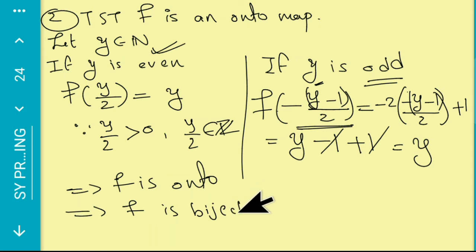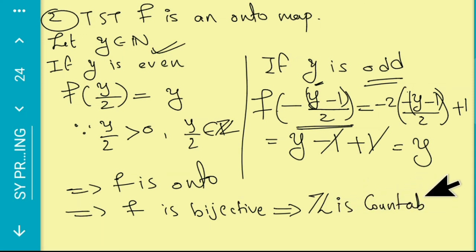And f being bijective implies that my set of integers is a countable set, or I will say a countably infinite set. I will just keep a habit of writing countable infinite set. Later on I will tell you why. But for now, I think it is enough for this video.